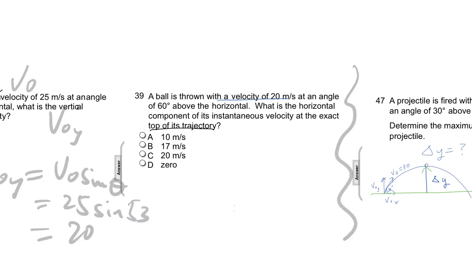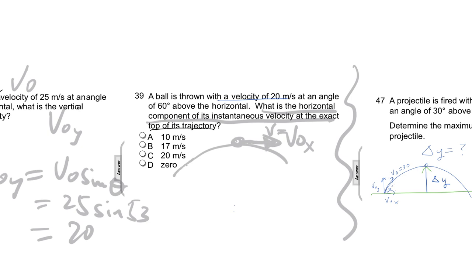Finally, this is different. What is the horizontal component of its instantaneous velocity at the moment it's at the exact top of its trajectory? Trajectory means the path. You should know that V at that point is only the x component.